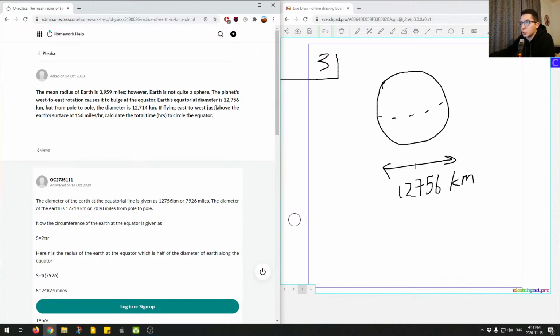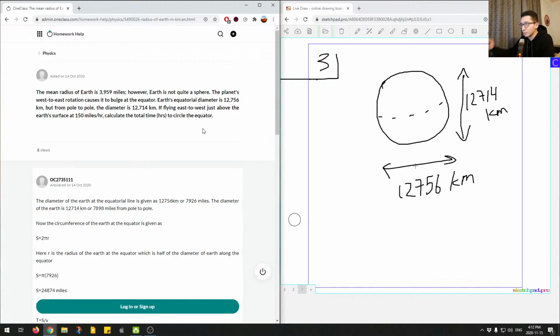If flying east to west, just above the Earth's surface at 150 miles per hour, calculate the time to circle the equator. So we're given also this diameter, because it's not quite a sphere, and that's 12,714 kilometers.